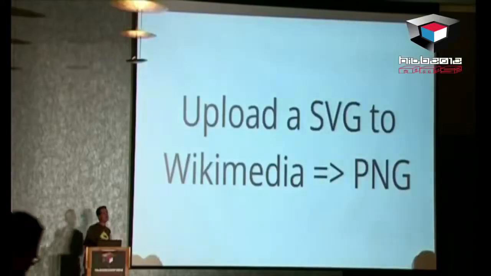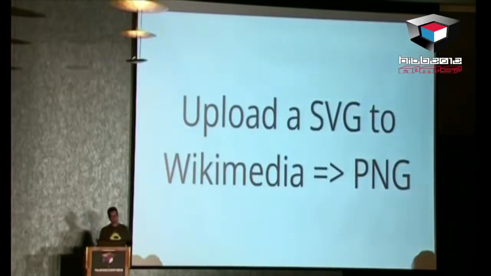So I have a nice example. If you upload an SVG file to Wikimedia, for example Wikipedia, there is an automatic conversion to PNG which occurs. So it can be difficult to detect. You can just upload some SVG file, but you need to know that there is some processing done server-side automatically.